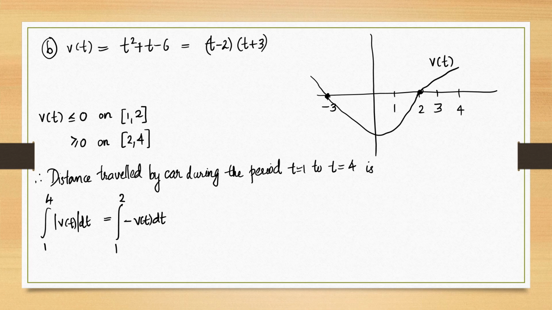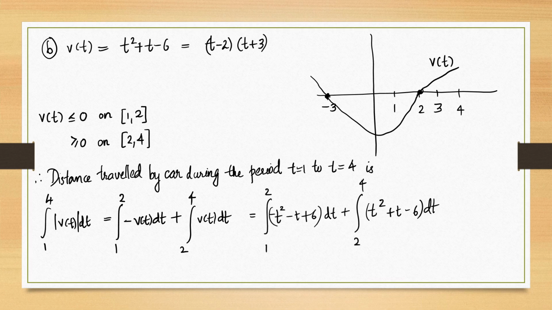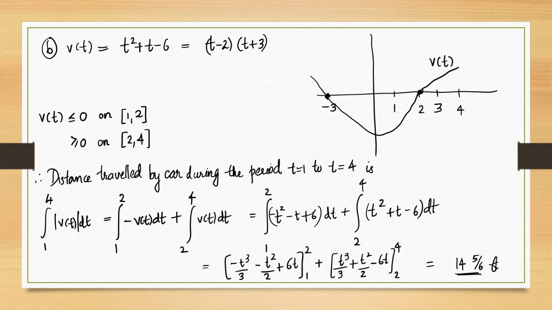In integral 1 to 2, we can replace mod v of t by minus v of t, since v of t is negative in this interval. And in the interval 2, 4, we can replace mod v of t by v of t, since v of t is positive in the interval 2, 4. Now we substitute for v of t and simplify, and we get the final answer as 14 5 by 6 feet.